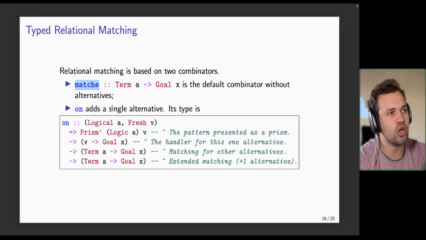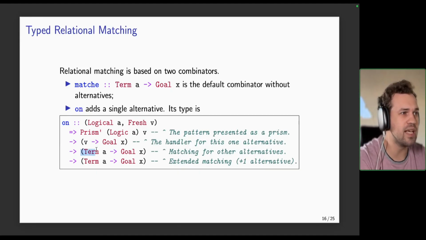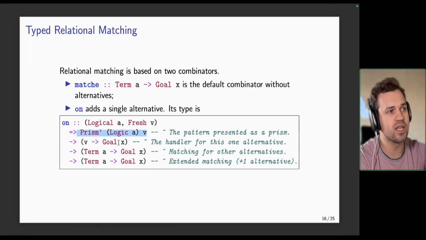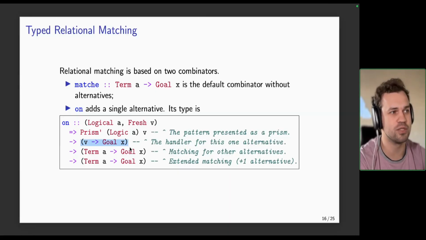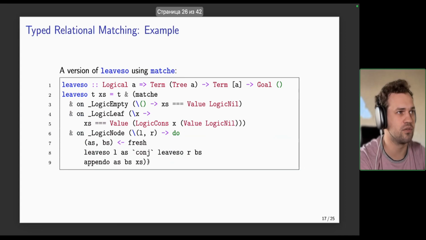And then we can add on these alternatives or patterns with a specific combinator called on, which takes as one of its arguments a matching for all of the other alternatives, and it just adds one more alternative with a given prism and a given handler for what to do if that prism actually works. And so in the end, we get an extended matching with one more alternative.